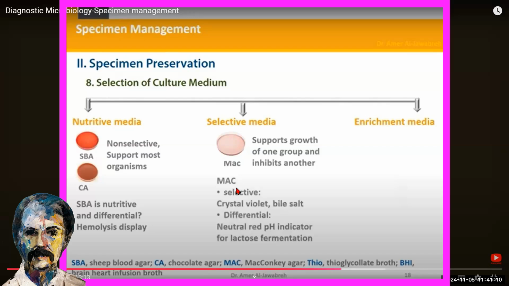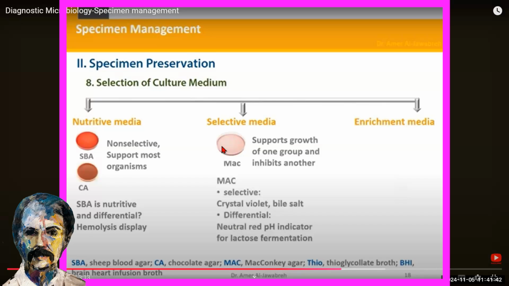It can also be differential. How? This media contains a pH indicator, and this pH indicator is called neutral red. The bacteria, after the growth, produce acids as part of the waste. And these acids change this pH indicator from light red into dark pink, like E. coli.